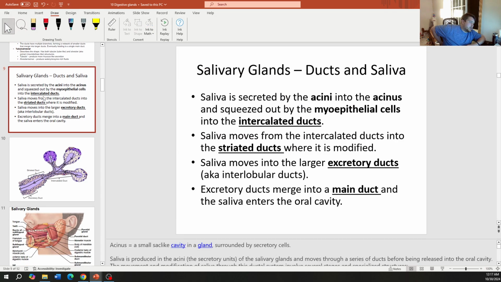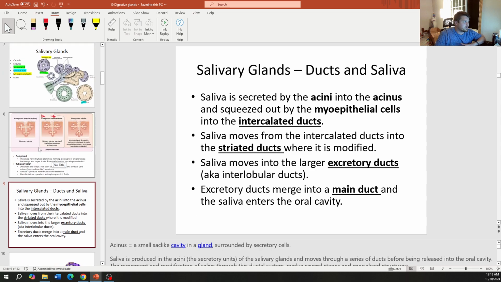So, talking about the process of saliva secretion. Saliva is produced and secreted by the acini, either the serous or the mucus, into what is called the acinus. The acinus is a small sac-like cavity surrounded by the secretory cells, so the cells secreting.